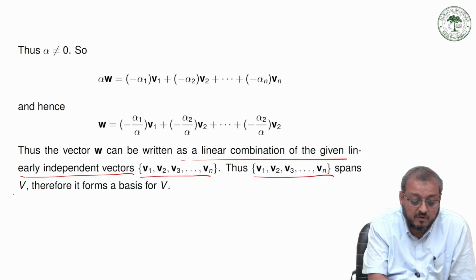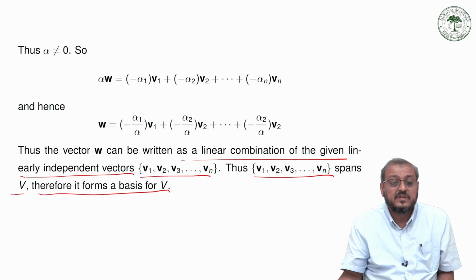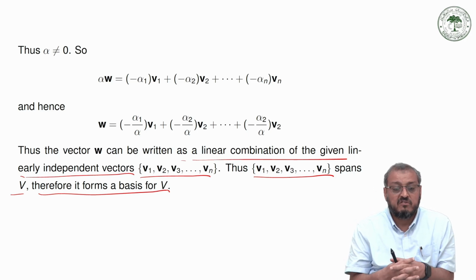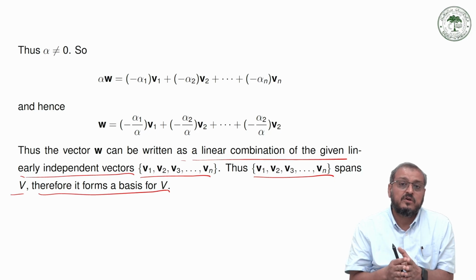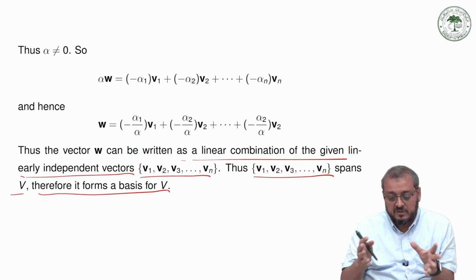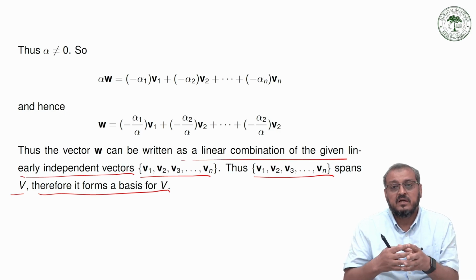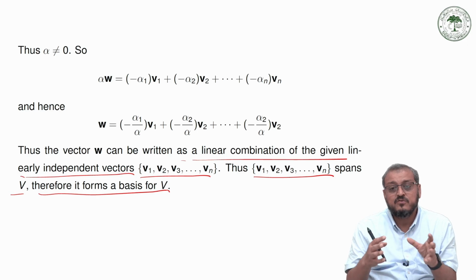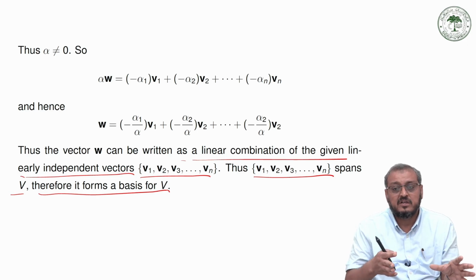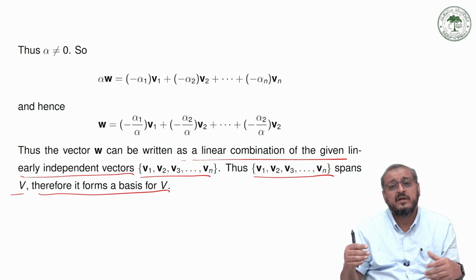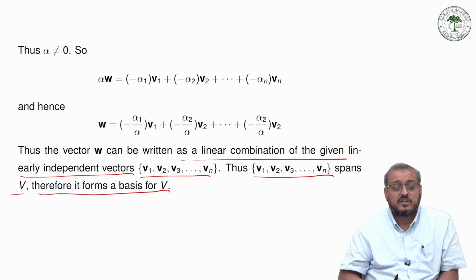So this is the span of V, therefore this forms a basis of V. So from now onward, if we are given a set and want to show that it is a basis of a vector space, then for a finite dimensional vector space we only have to check that the vectors are linearly independent. If they are linearly independent, they form a basis by this theorem.